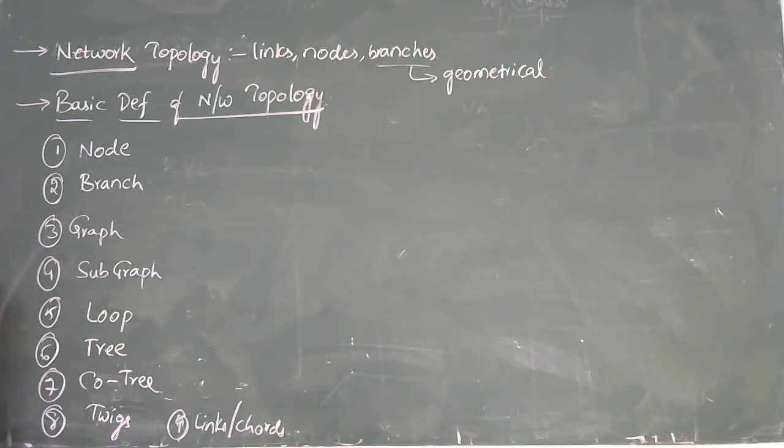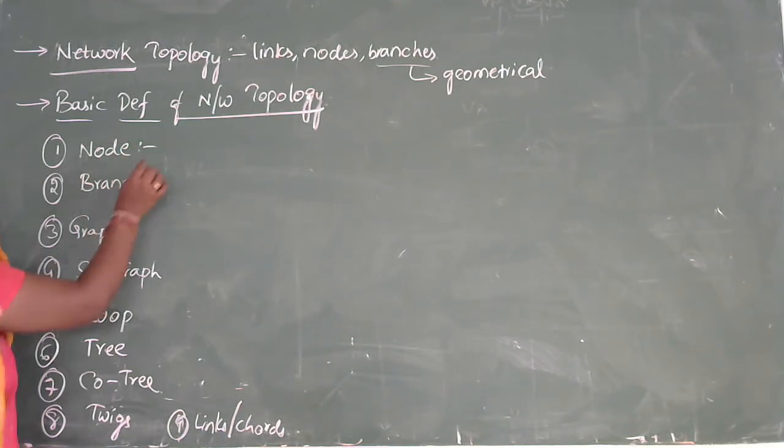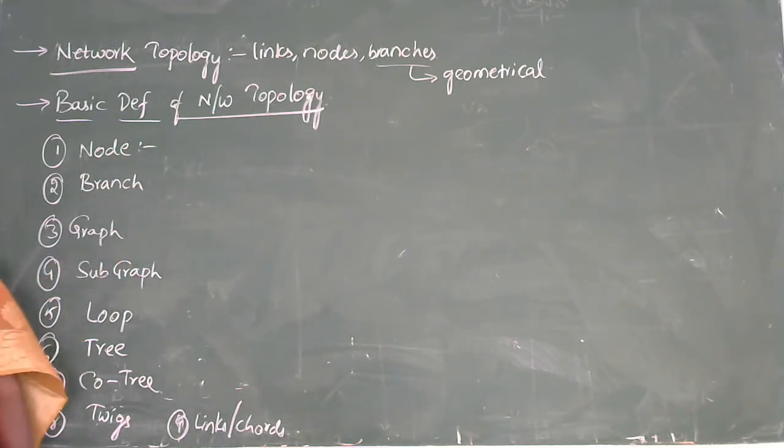Before going to these individually, first I am directly drawing a circuit. The difference between a network and a circuit is that in a circuit there definitely should be a closed path, but a network may or may not consist of a closed path.